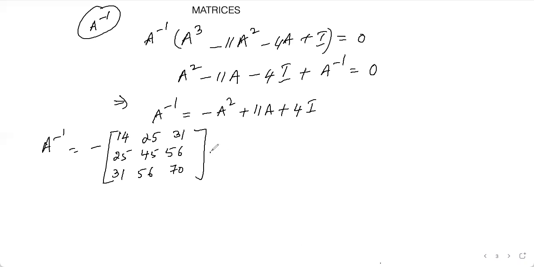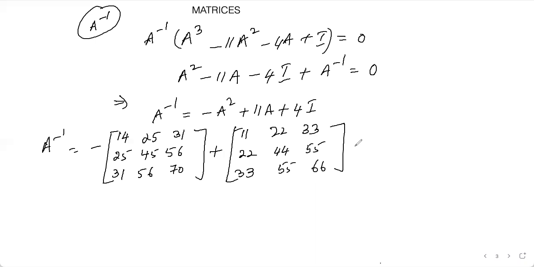Multiplying with 11, we get 11, 22, 33, 22, 44, 55, 33, 55, and 66, plus 4I, which is 4, 0, 0, 0, 4, 0, 0, 0, 4.